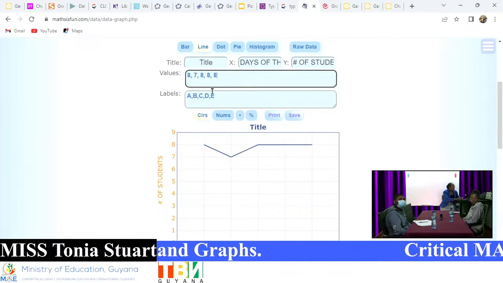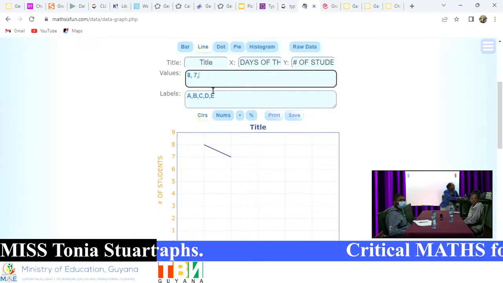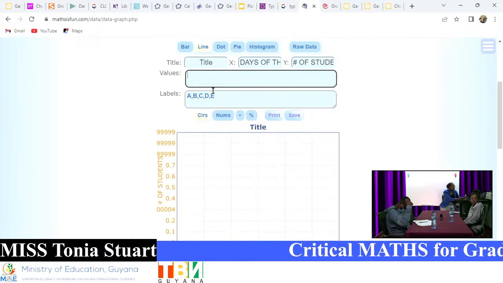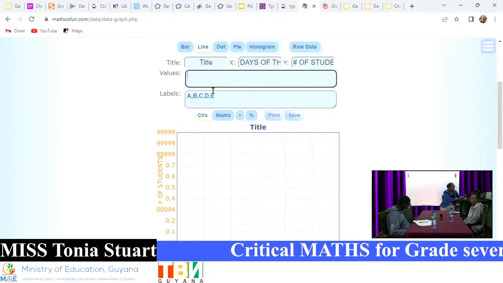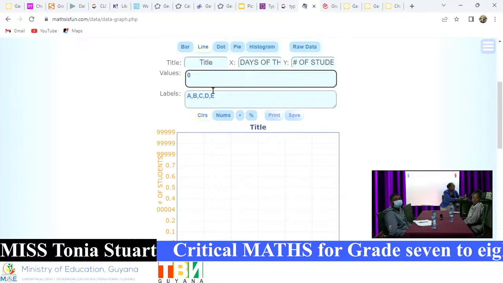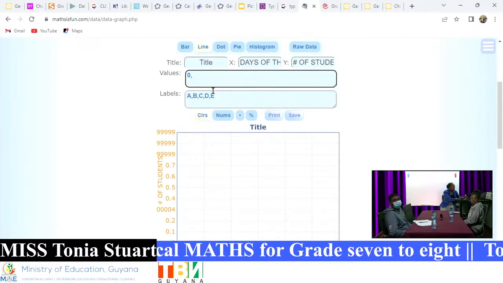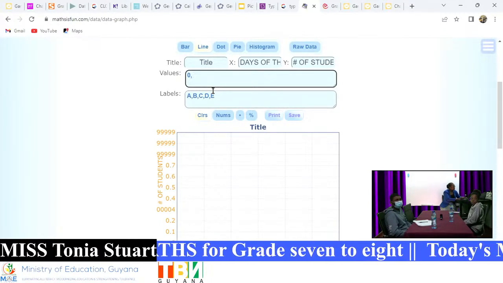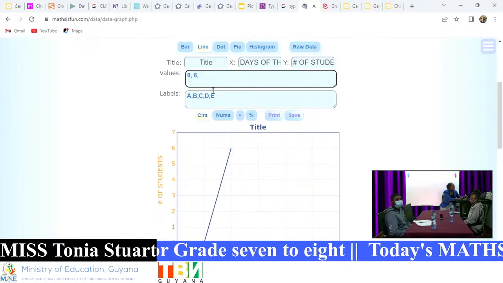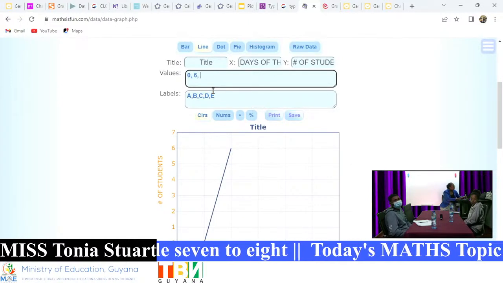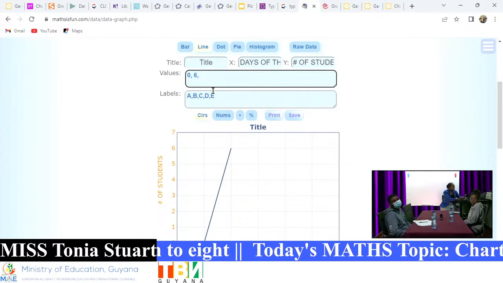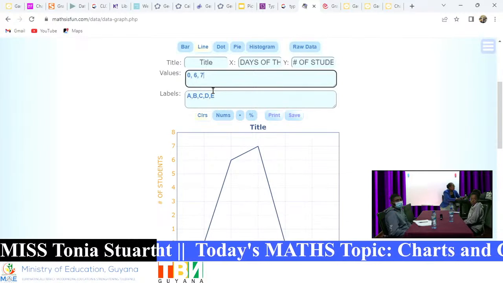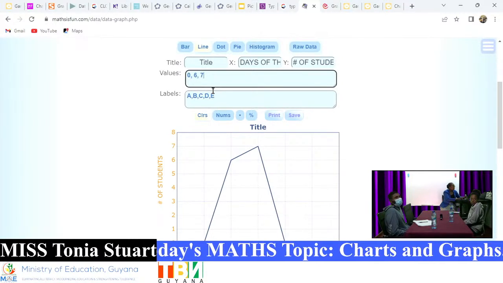So I'll change also to show you. Monday we had no students. Tuesday we had 6. Wednesday we had 7.